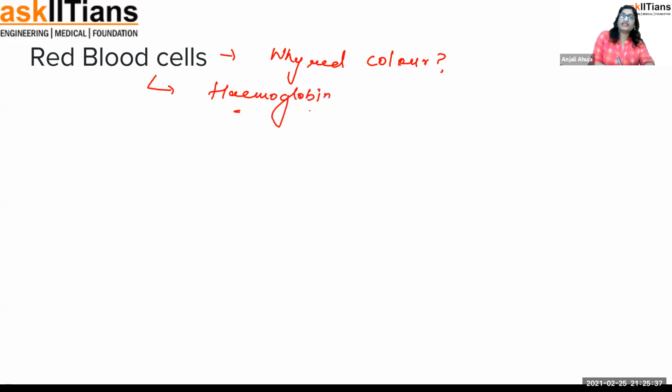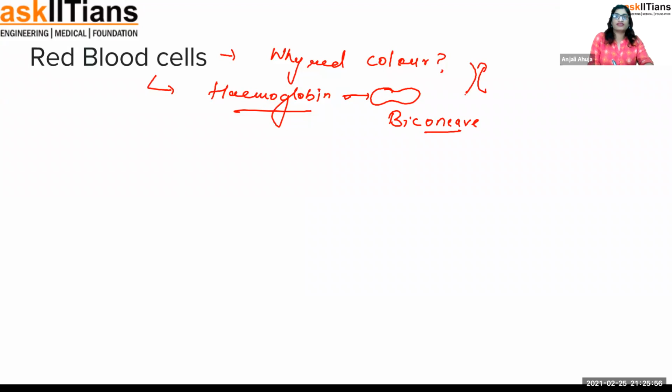This hemoglobin is protein in structure, but it is the pigment present in the RBC, and it is the one which has the red color. Red blood cells have a biconcave structure, meaning both sides are concave, like the lenses you learn in physics. And they have no nucleus.